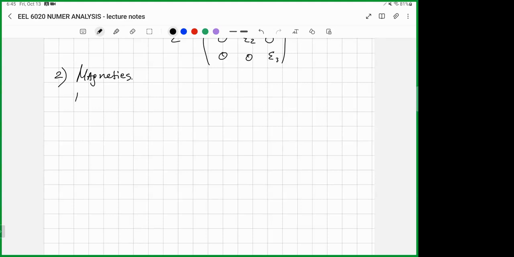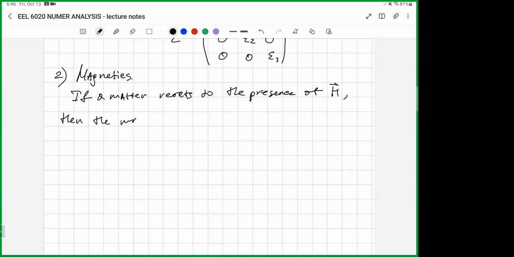So if a matter reacts to the presence of magnetic field, then the material is magnetizable.